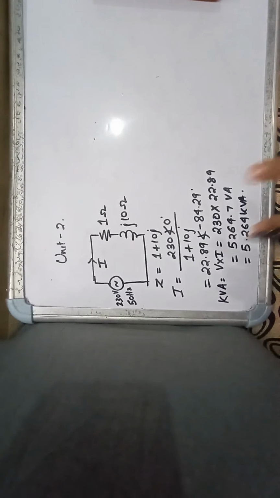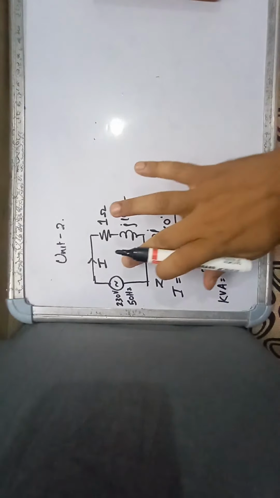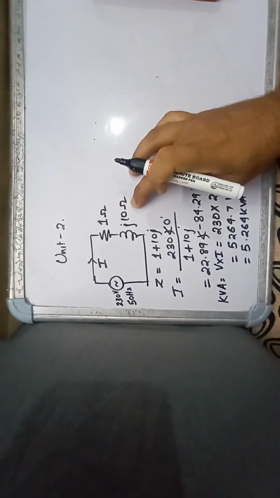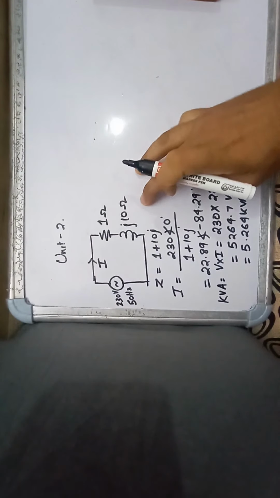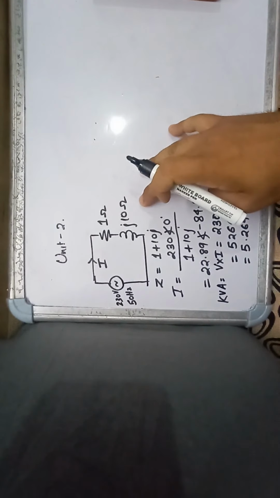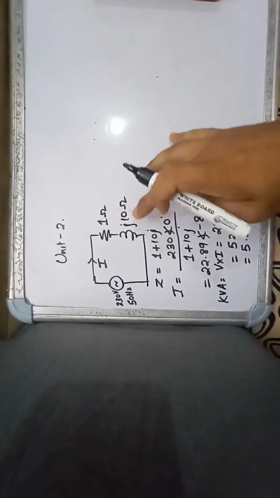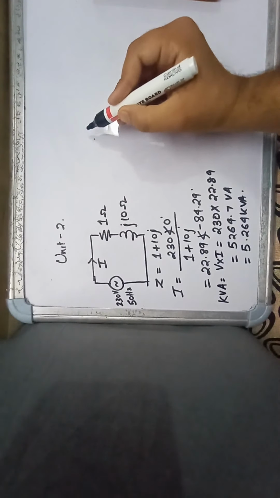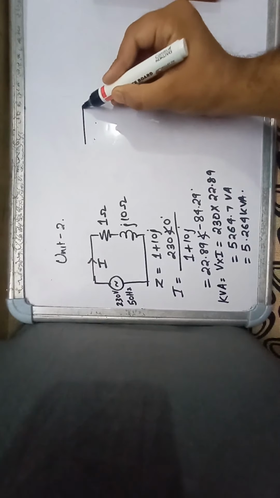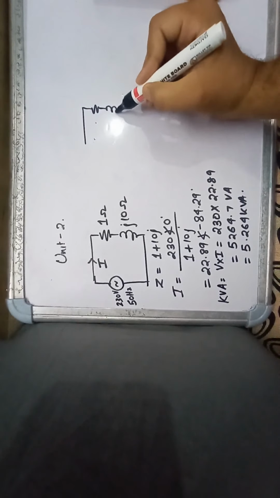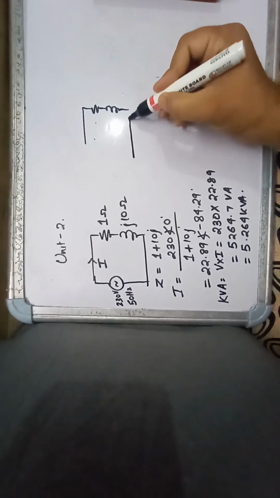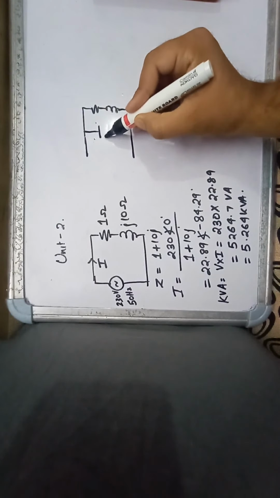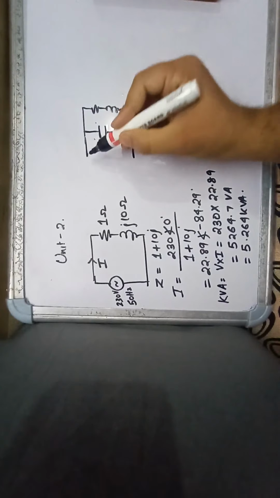So this is the whole scenario. Your induction motor has this resistance and this inductive impedance. Now what I do is put a capacitor in shunt with this induction motor. This is the same circuit, with just an extra capacitor here.